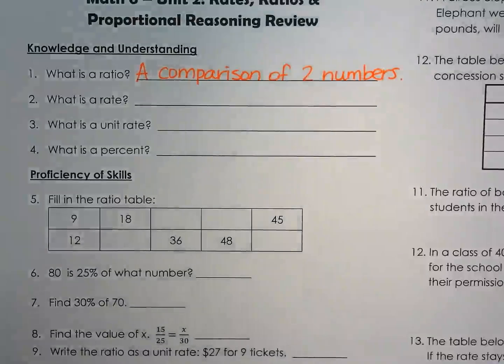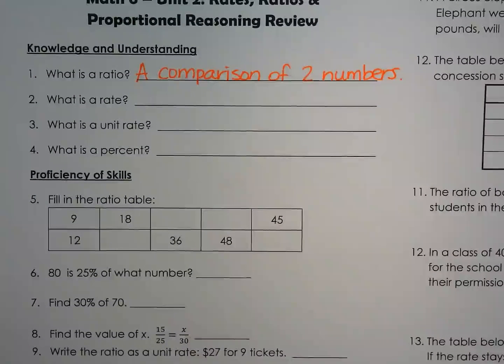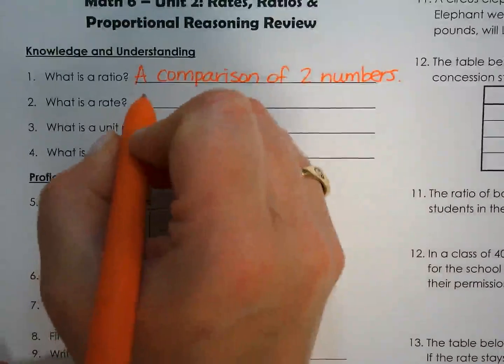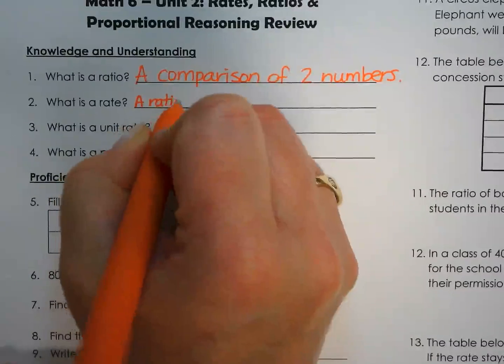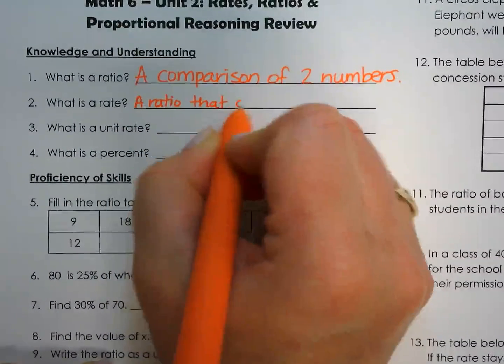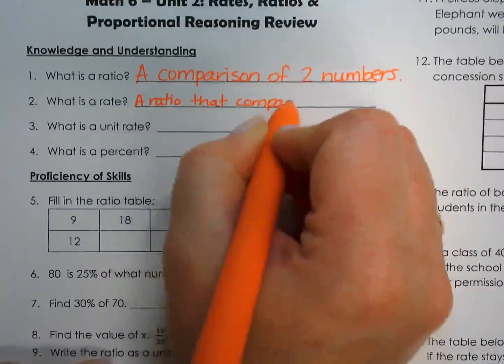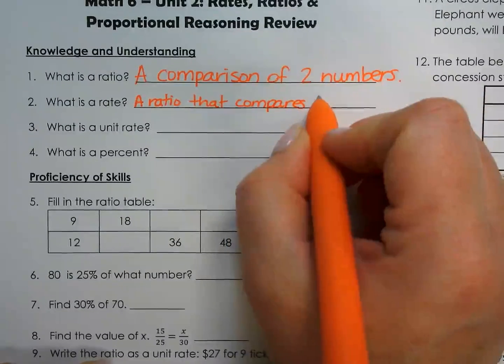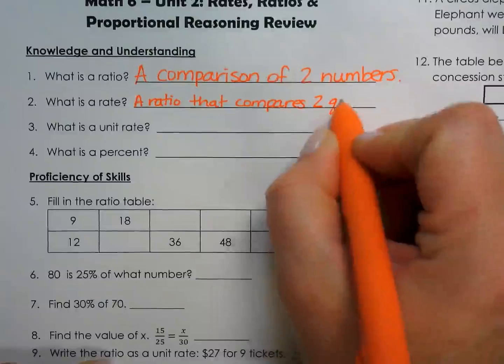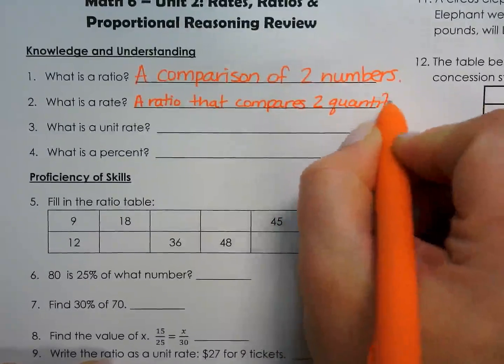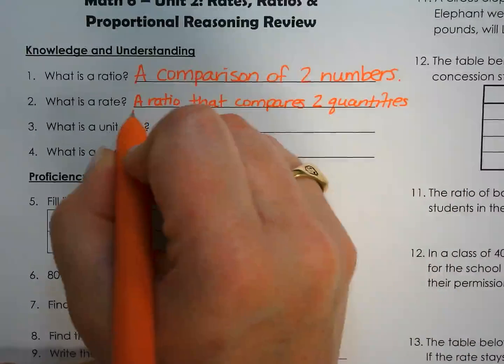A rate is a special kind of ratio that compares quantities measured in different units. So a rate is a ratio that compares two quantities measured in different units.